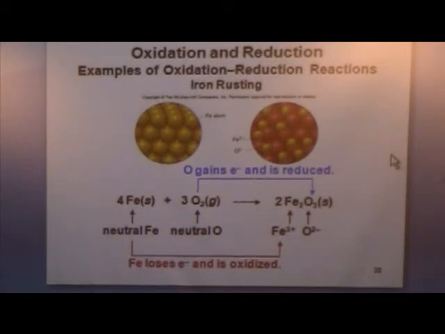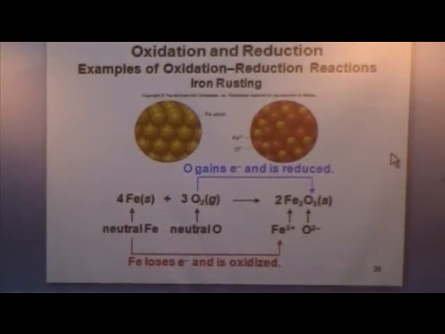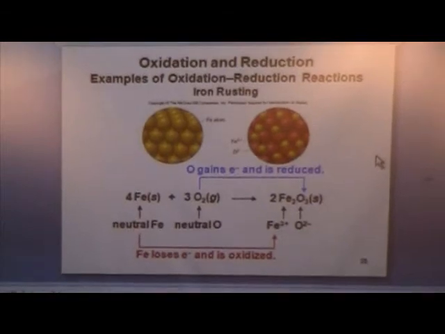Okay, here for example, examples of oxidation reduction reactions, iron rusting. Rusting iron, the process of rusting, is it a chemical change or a physical change? It's a chemical change, okay? So what is rusting? Rusting is an oxidation process, right?